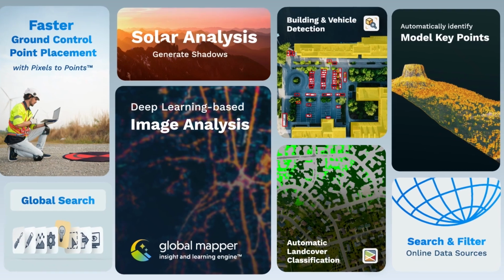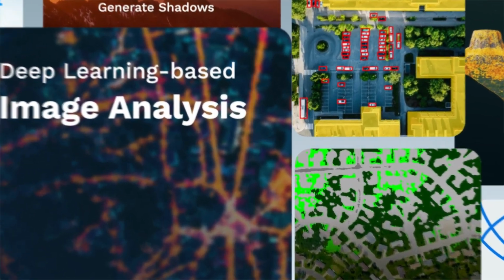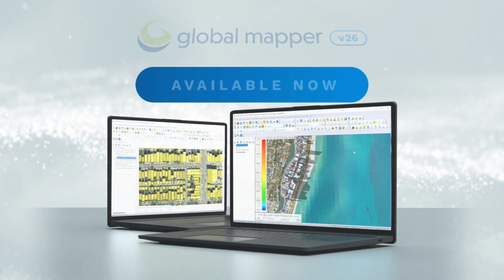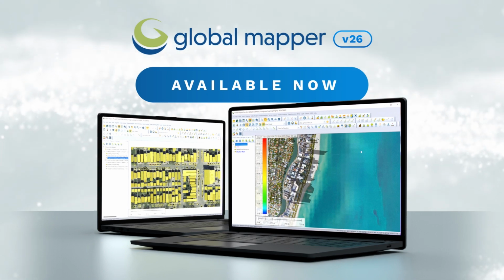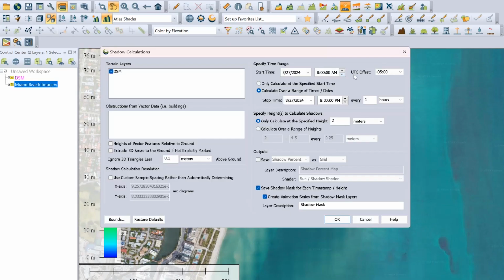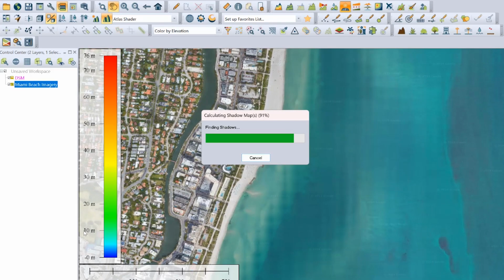Looking back on 2024, we had a lot of exciting releases and accomplishments, and I hope that you all have had a chance to start to dive into the new features and tools. It seems like we're always releasing something new, and I'm not trying to brag, but I wonder, do all of our users know about these great tools that we've been adding, and have they had a chance to dive into them? About this time last year, in the minor release of Global Mapper 25.1, we released a solar shadow analysis tool, and that's a really great feature.